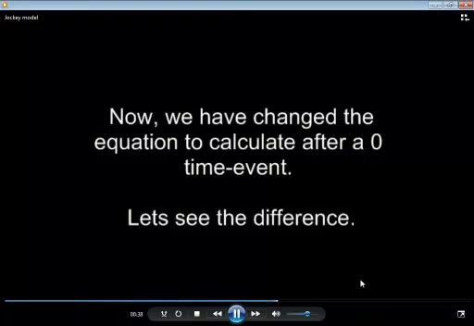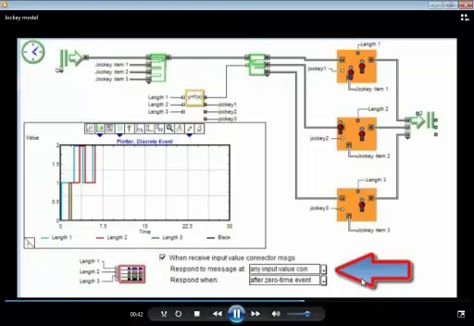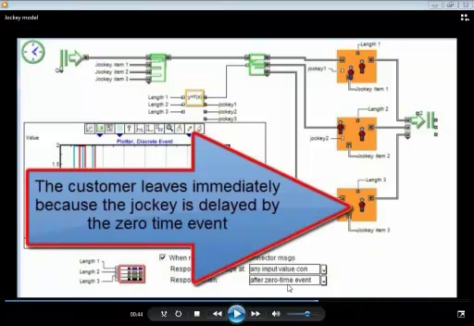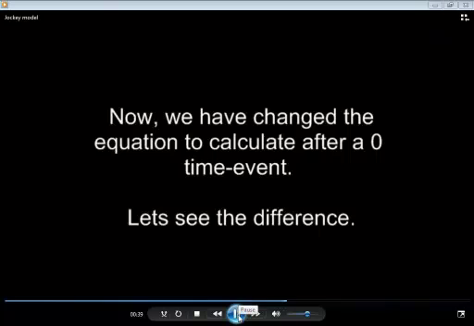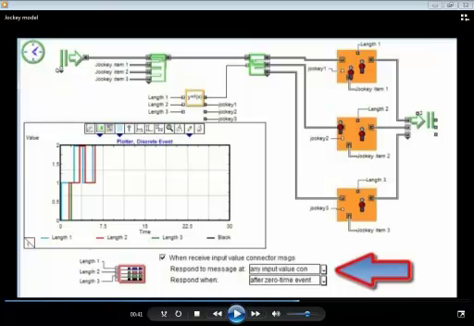So we're going to change the equation to calculate after a zero-time or current event. Let's back up just a hair here. Down here, what I've changed is this option, so we're going to respond after a zero-time event.